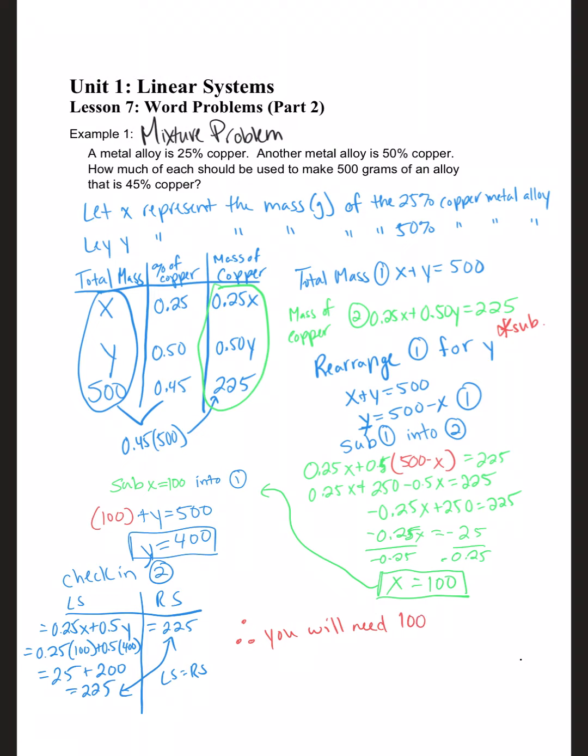And if we look back up at those let statements, 100 grams of 25% copper. And then our y variable, and 400 grams. We look back at those let statements. The 400 grams is our y, which is our 50% copper.